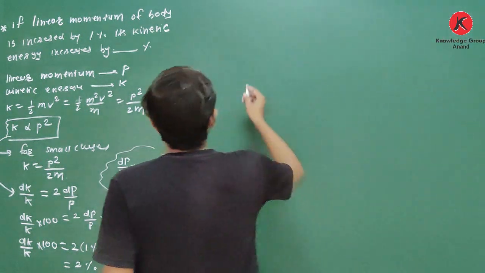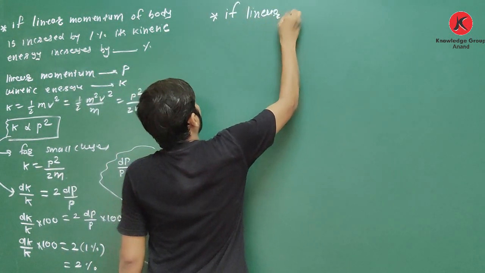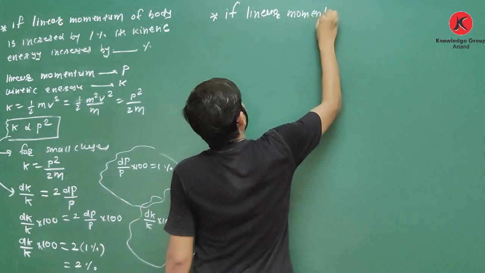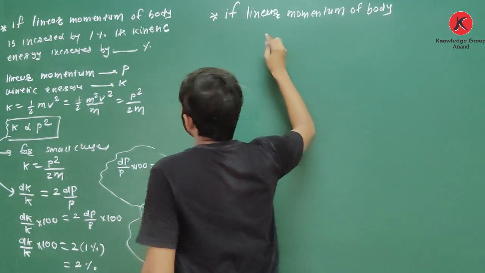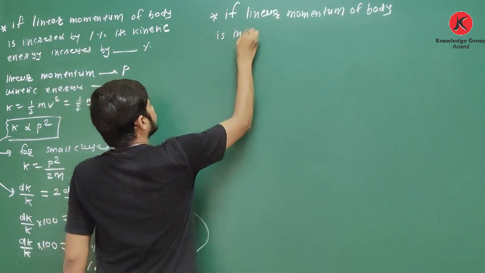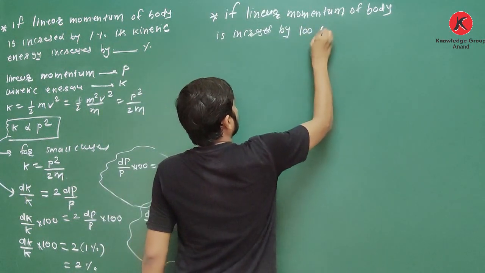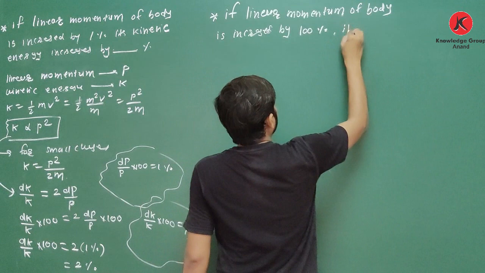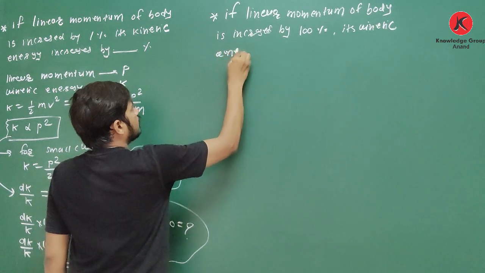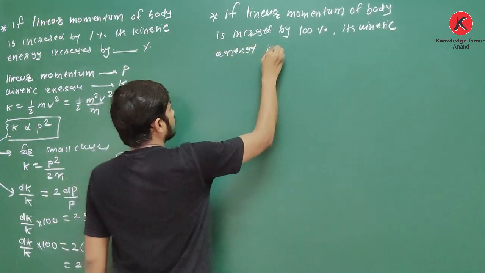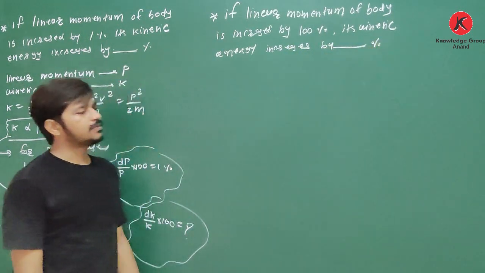Now, if the change is large, for example, if I repeat the same question: if the linear momentum of a body is increased by 100%, its kinetic energy increases by what percentage?